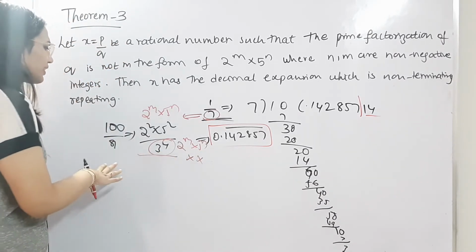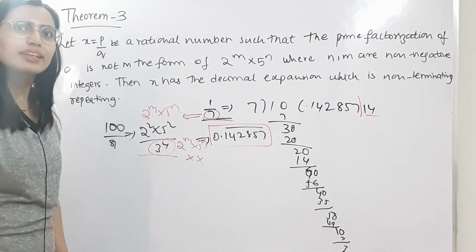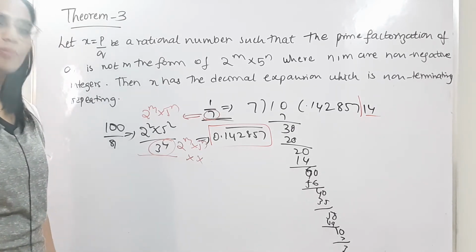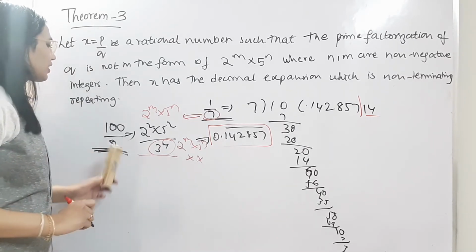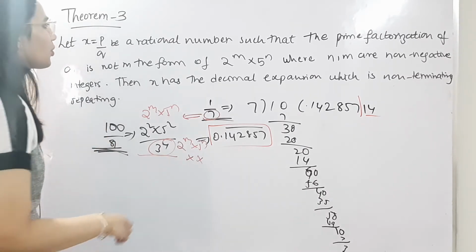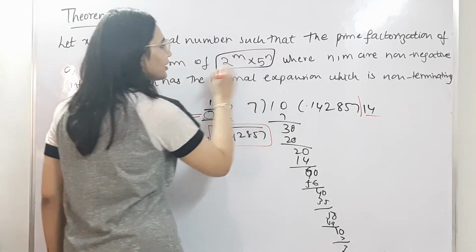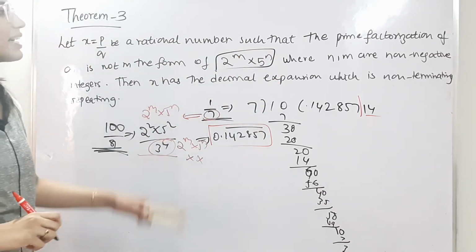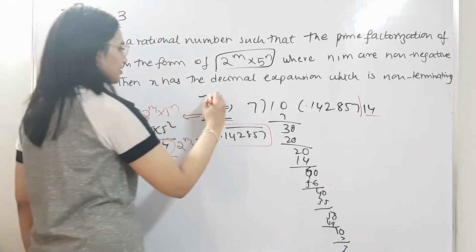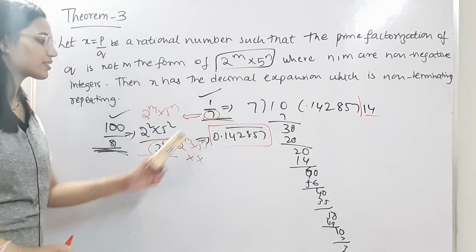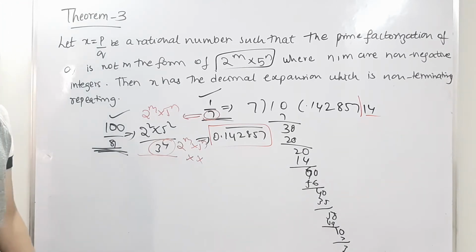So in this case, can you say that the number is terminating? No. Whenever the denominator is not in the form of 2 power of n and 5 power of m, then x has a decimal expansion which is non-terminating recurring. These two are solid cases of non-terminating and recurring.